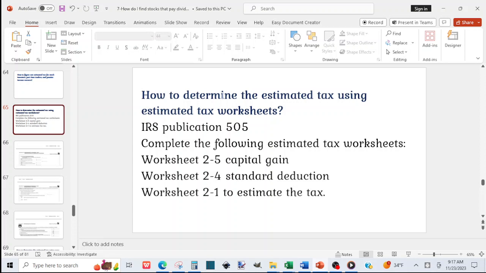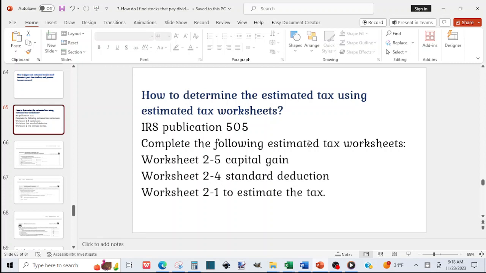One way is to use the IRS estimated tax worksheet. This option takes more time to walk through, but allows you to have a more accurate estimate and therefore less refund when you file your taxes. And even if you end up owing money, it will be less than that $1,000.